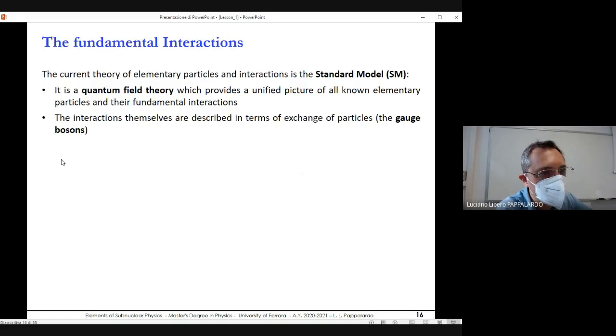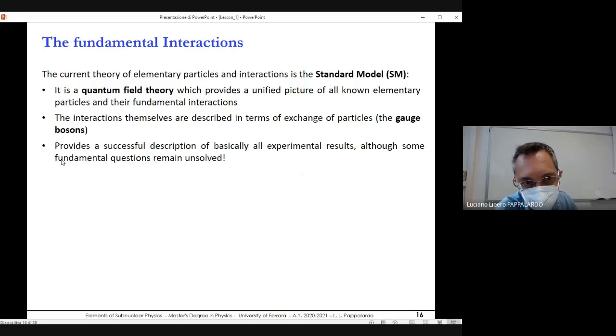In this framework, the interactions themselves are described in terms of exchange of particles, so other particles, which are called the gauge bosons. So they are bosons, so they come with integer spin. The standard model, as of today, provides a successful description of basically all the experimental results that we have in hand, although it leaves open some fundamental questions.